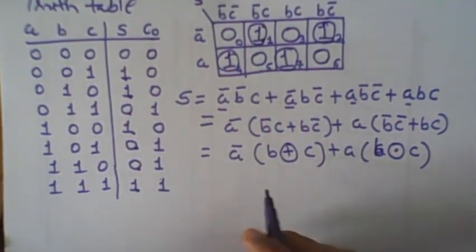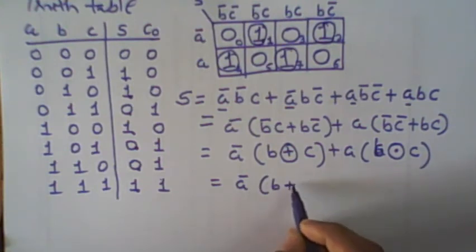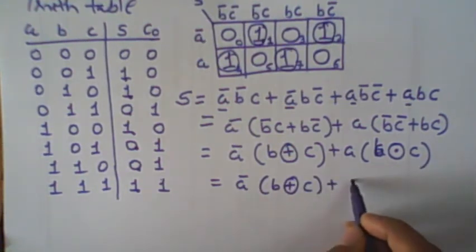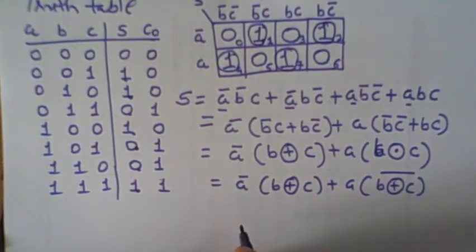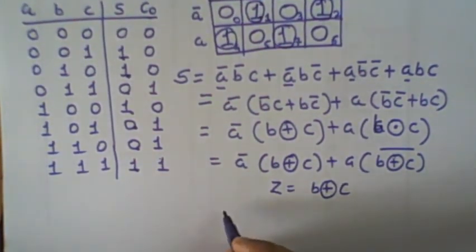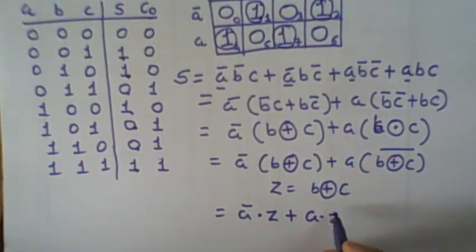We know the XNOR is the complement of XOR, so we can write it as the complement of B XOR C. Let's take Z equal to B XOR C, and we can say then it is A bar into Z plus A into Z bar.